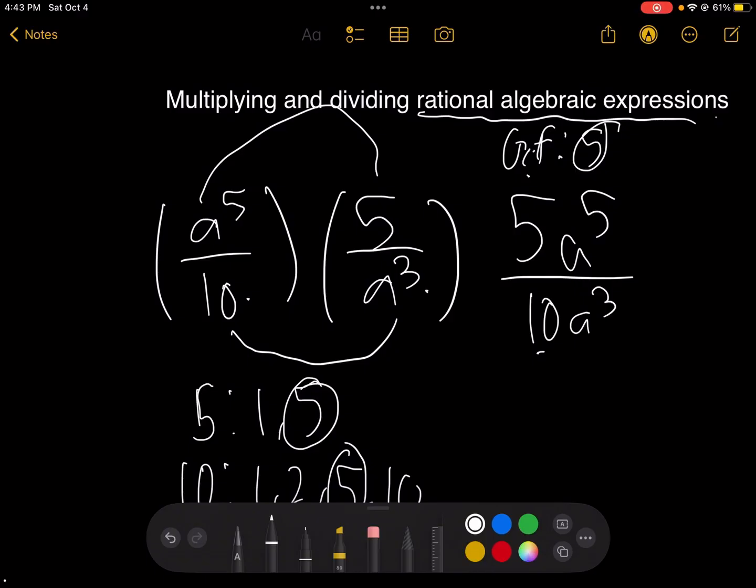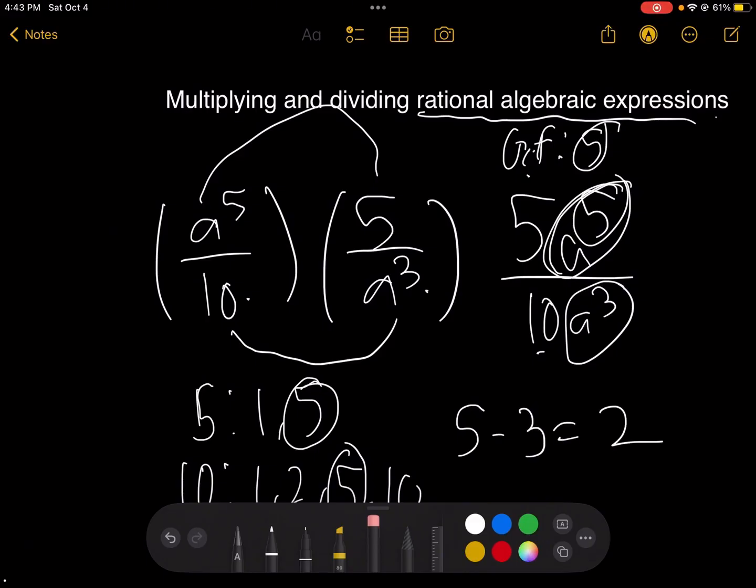Now you find the GCF of the variables, if there are any. If they're the same variable, you find the bigger exponent, which is a to the 5th. So you subtract the exponents: 5 minus 3 equals 2. The bigger one is here on top.